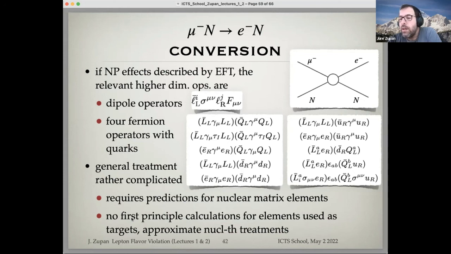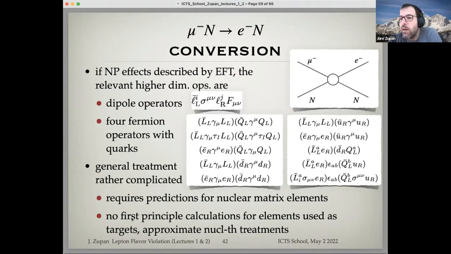But the main message is still there, no? So even though the prediction for the actual rate may have a factor of 2 uncertainty in some cases, if you see an event experimentally, it's new physics. Now the interpretation maybe will require some work and will have uncertainties.